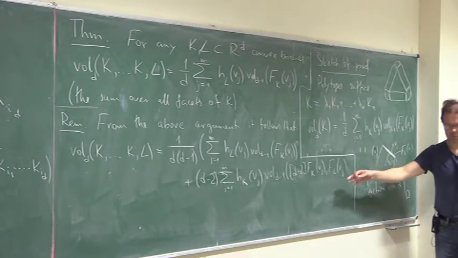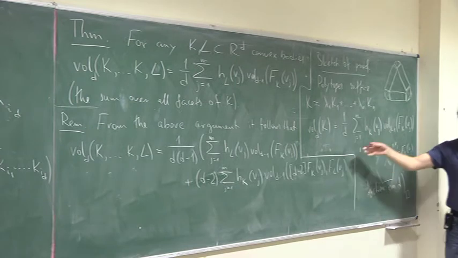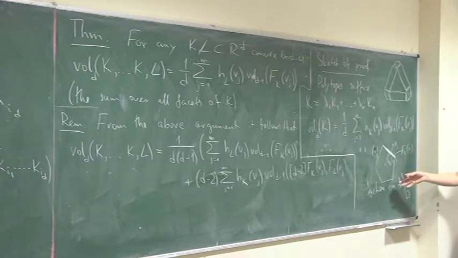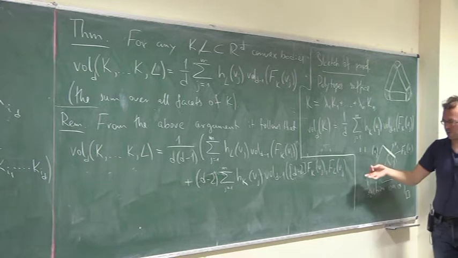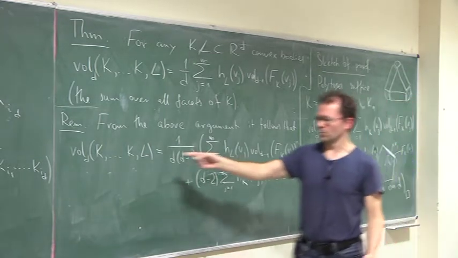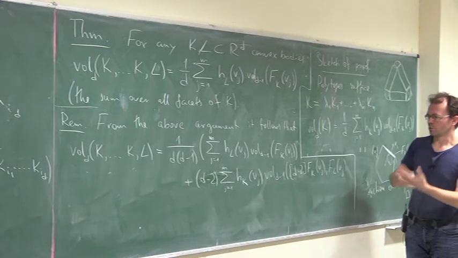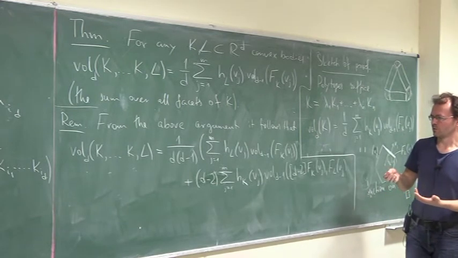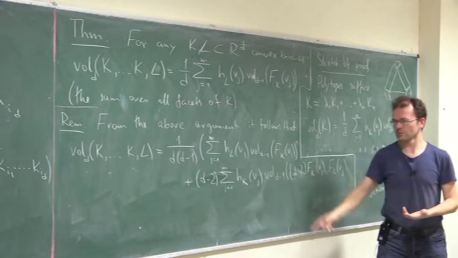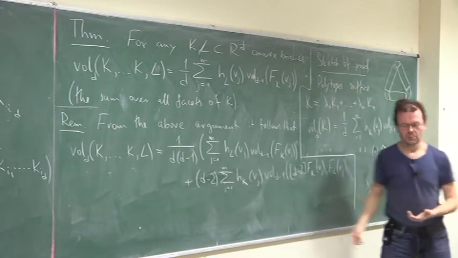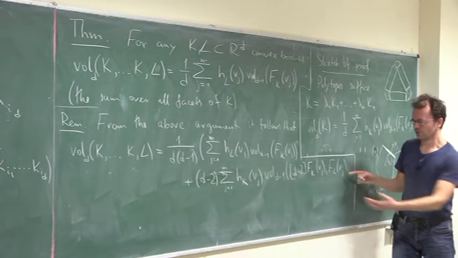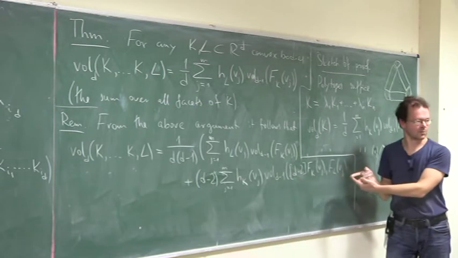This formula is also natural, and it follows directly from the argument. Why is it natural? Because what we have is 1 copy of L, and the rest are K's. In what ways can we combine them? We can use L in this linear term, but we can also use L inside the volume of the facet, and we do it.